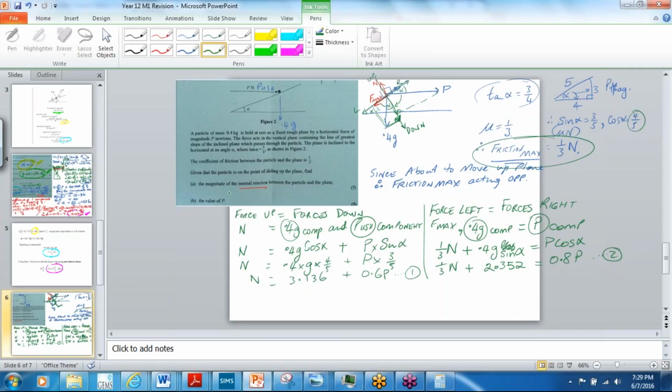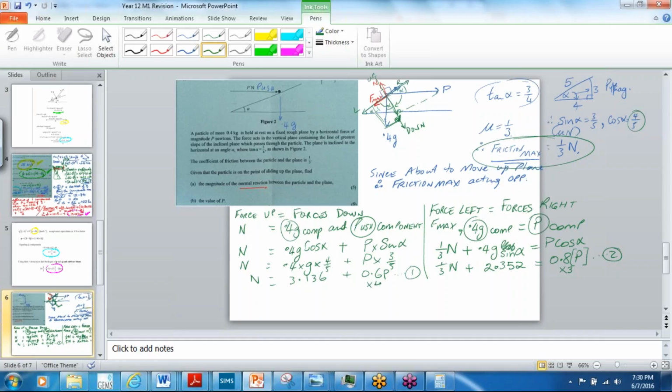We want N, so let's replace this P. Actually, let's write them underneath each other. Now 0.6 and 0.8, if I times 6 by 4 I get 24, and if I times 8 by 3 I get 24. If I times this by 3, I'd get 2.4.